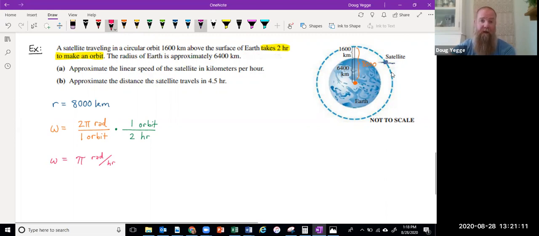Well, remember as well that because I have my angular speed, I could find my linear speed by simply taking my radius times omega. So that's 8,000 kilometers times pi radians per hour.